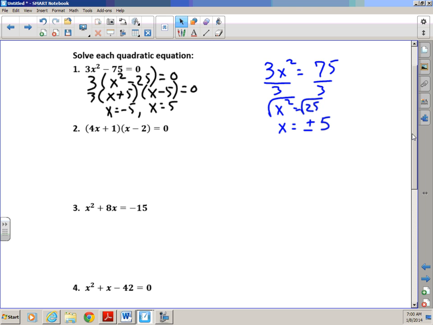So either method works. The one thing about the method here in blue is if this number does not work out to be a perfect square, you would not be able to use dots, but you can always use the method in blue. Okay? In the second one, it's already factored for you. So I just set each side equal to 0.